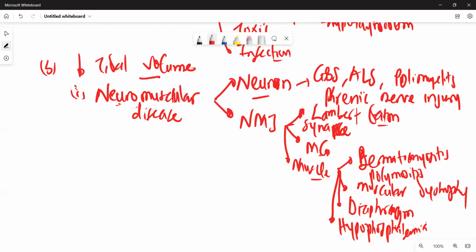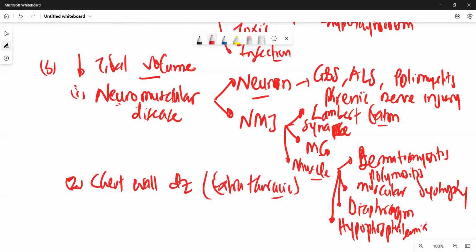Right? The other thing that will also affect the tidal volume: under decreased tidal volume, we mentioned neuromuscular diseases. The second thing that will also cause decreased tidal volume is chest wall disease, or chest wall pathology, or you can say extrathoracic.